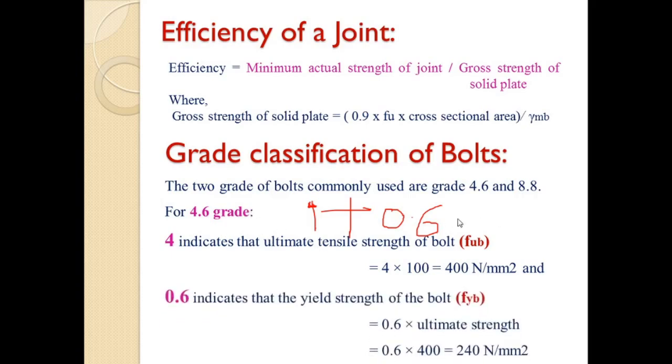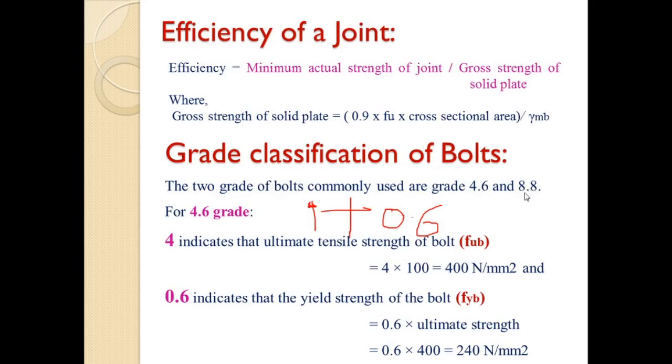Next, the 0.6 indicates the yield strength of the bolt, that is FYB, meaning 0.6 multiplied by the ultimate strength. So 0.6 multiplied by 400 gives 240 Newton per mm square FYB. For design purposes, we require the ultimate strength of the bolt, which we take from the grade of bolt. If the grade is 4.6, its ultimate strength is 400 Newton per mm square.